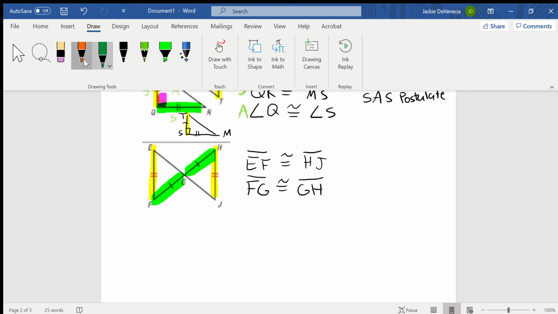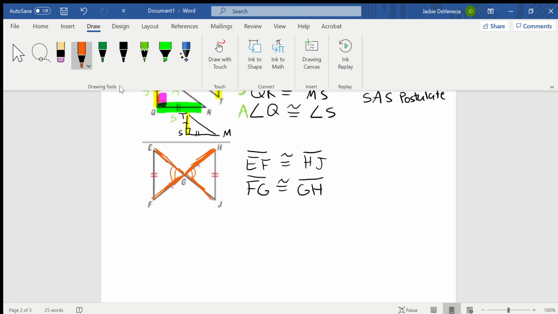And then over here, we have those angles, right? So let me just erase these so you can see it. So we have H, G, J, and then we have E, G, F. So those two angles are across from each other, right?